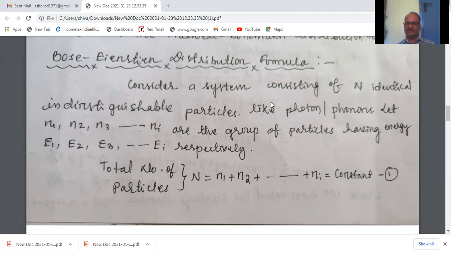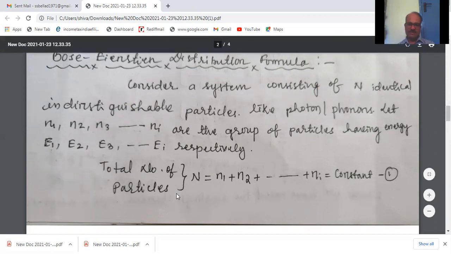So consider a system consisting of capital N identical indistinguishable particles like photons, phonons, etc. Let n1, n2, n3, ... ni be the groups of particles having energy e1, e2, e3, ... ei respectively. So the total number of particles in the system is capital N equal to n1 plus n2 plus ... ni, equal to constant. Let this be equation 1.